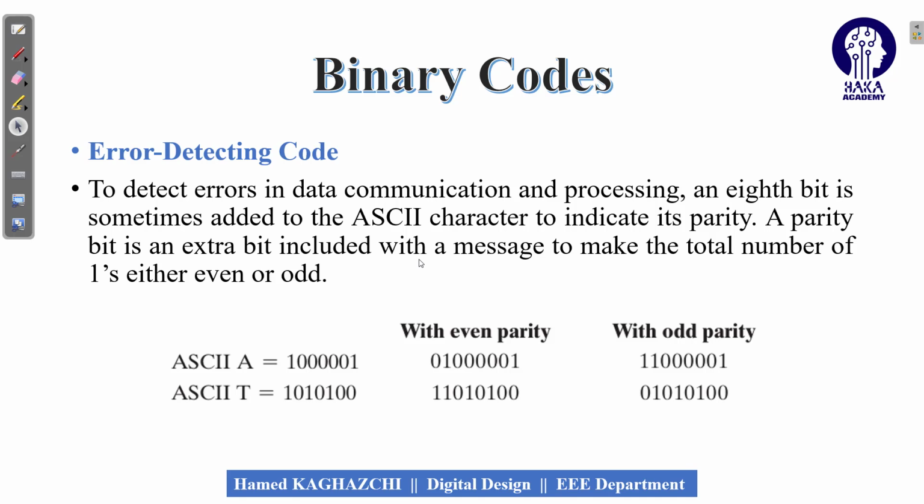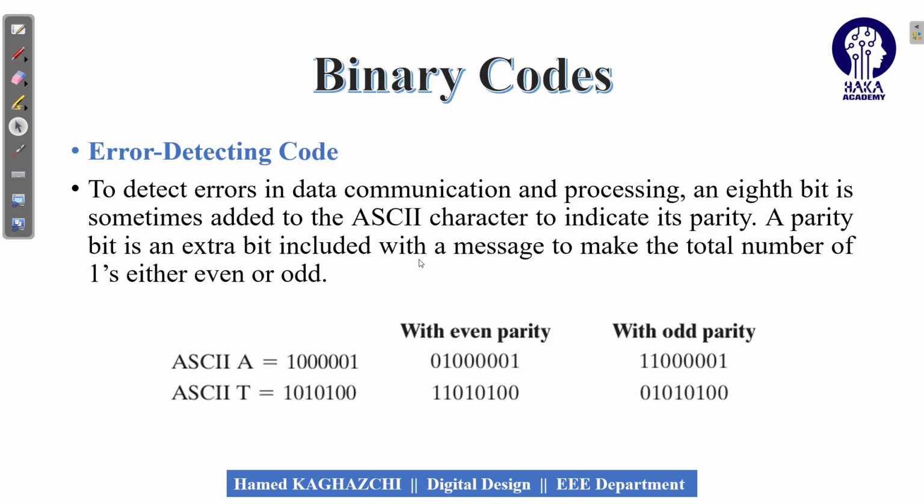So the last bit, or MSB, of this code indicates the parity. What is the parity? A parity bit is an extra bit included with a message to make the total number of ones even or odd.